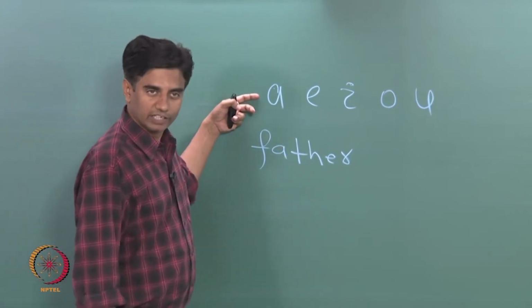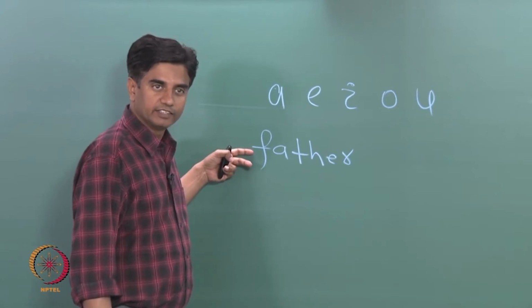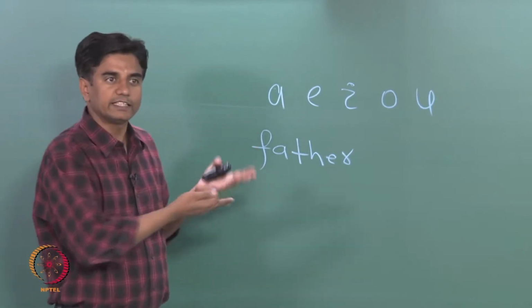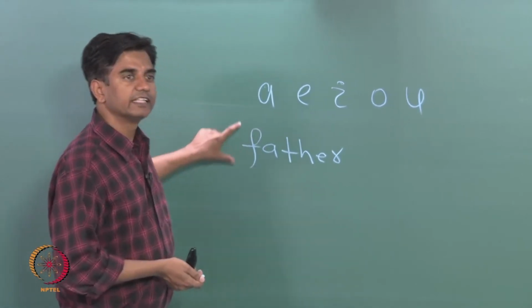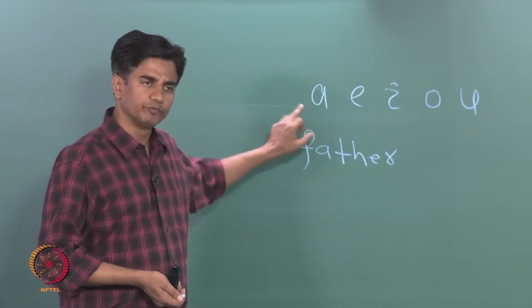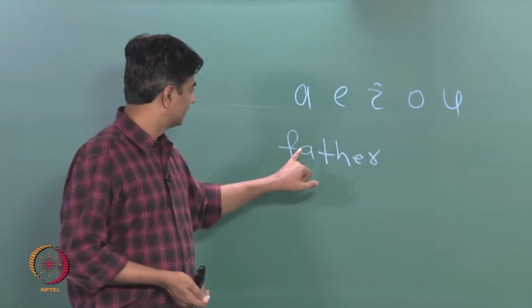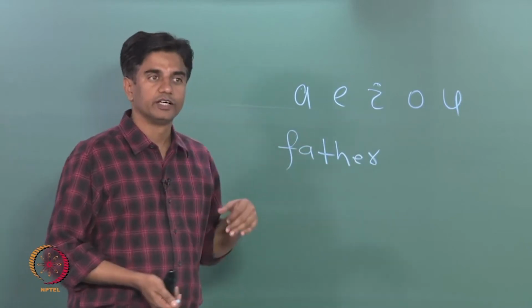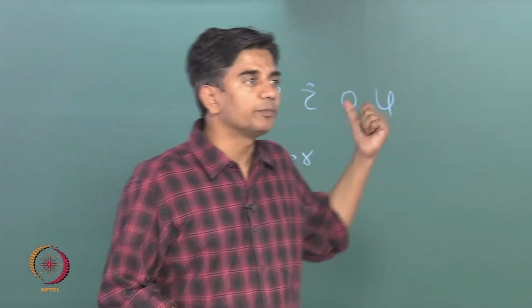These are the vowels of English, and this is a word of English, right? I am not telling you anything new. You learned this thing, and then you learned this word also. You were told very conveniently, these are the vowels of English. And then you were told a word, and in that word there is a different vowel, which is not part of these 5.